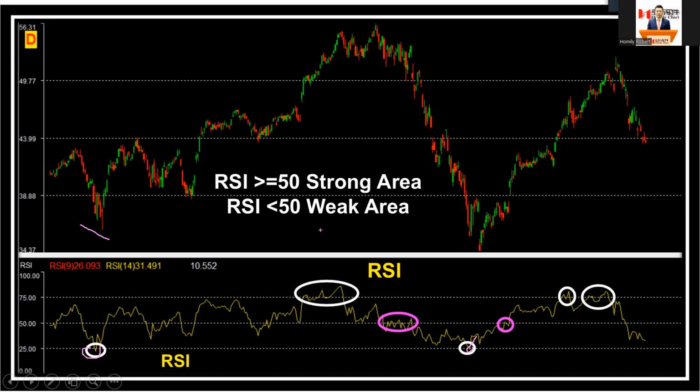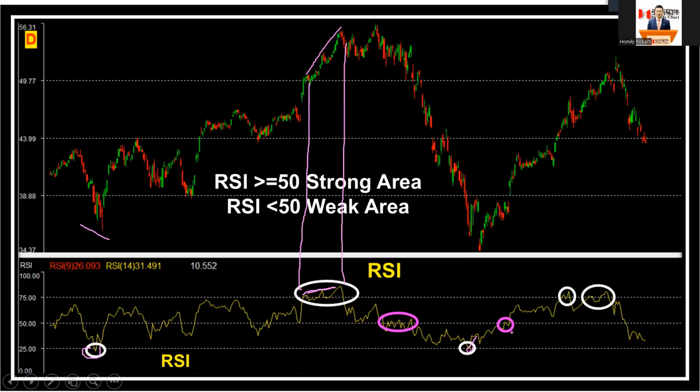Then sometimes we get divergence. What is divergence? RSI is already above 75, but the price moves up more. The indicator also moves up, but not so much. It's a bearish divergence, around here. Sometimes you can also use bullish divergence for RSI.